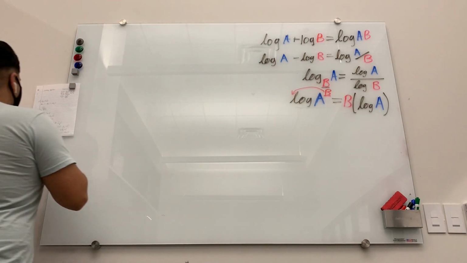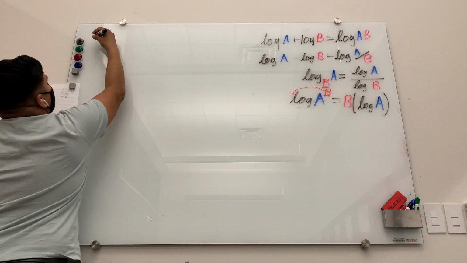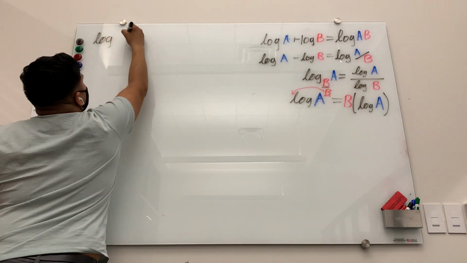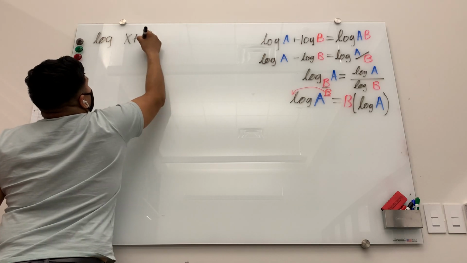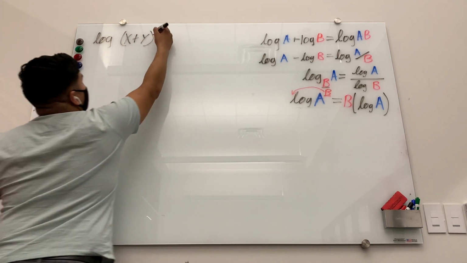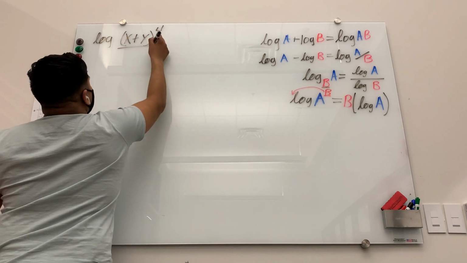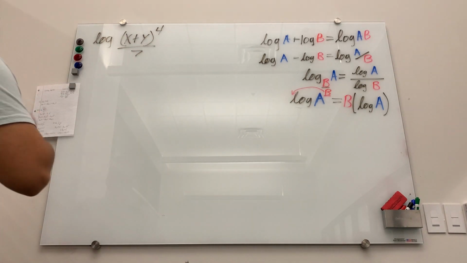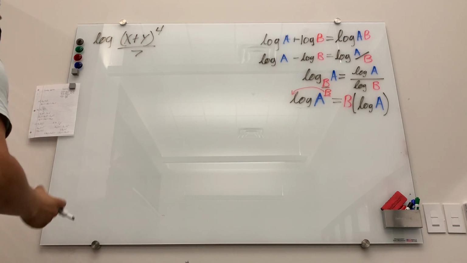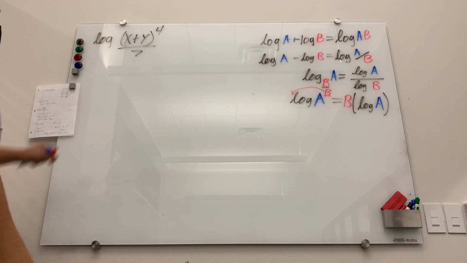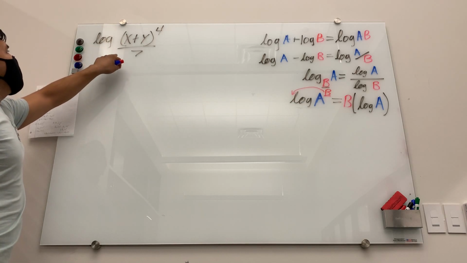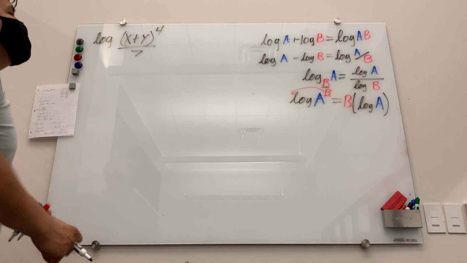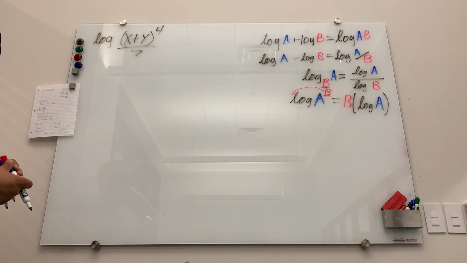Okay, let's take a look. So we have log base 10 of x plus y to the 4th over 7. Well, taking a look at this, where can we start?